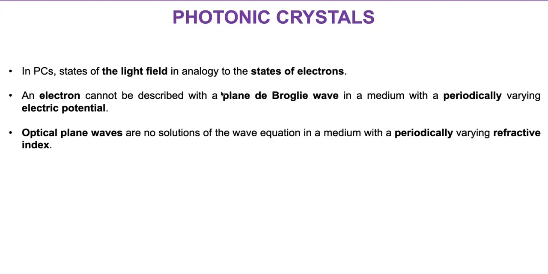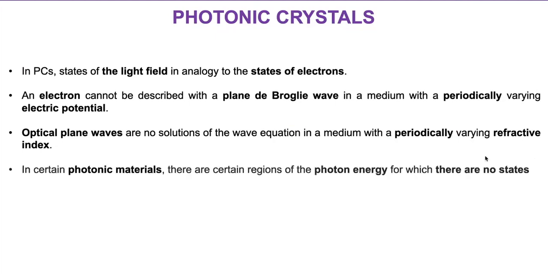So it's an analogy with the electrons. We can use light here. And in analogy with the plane de Broglie waves, we can generate a periodic structure. And instead of electric potential, we have the refractive index, which I will come to later.